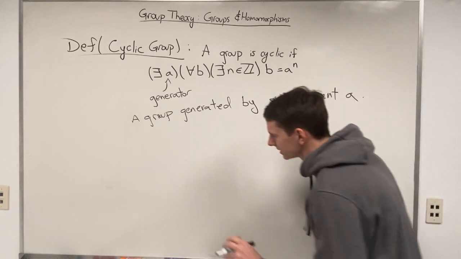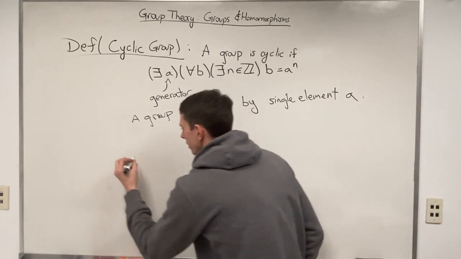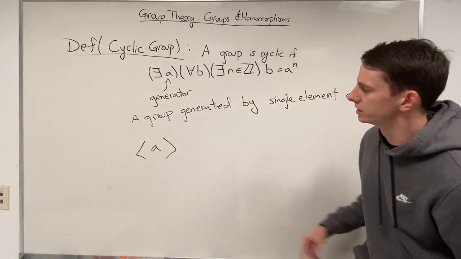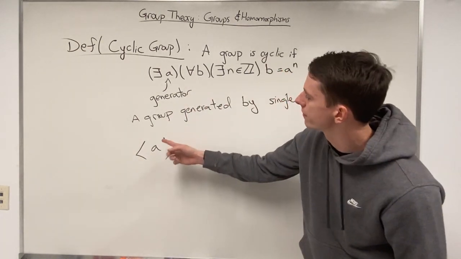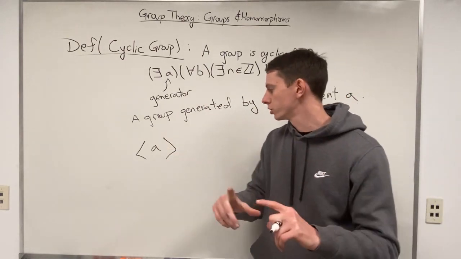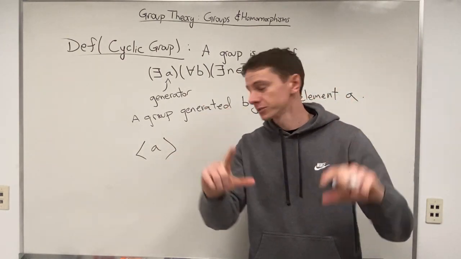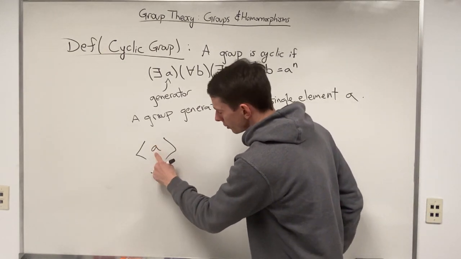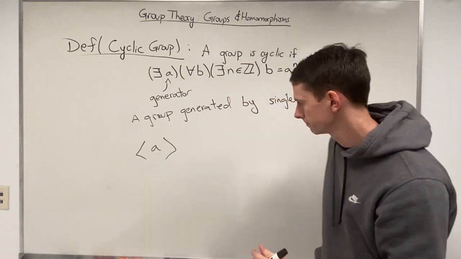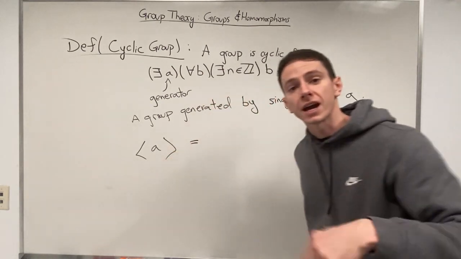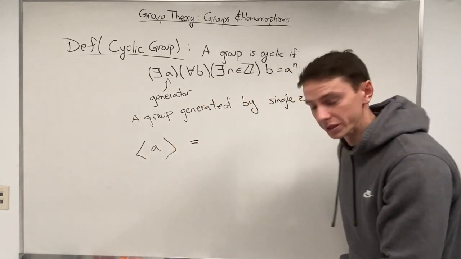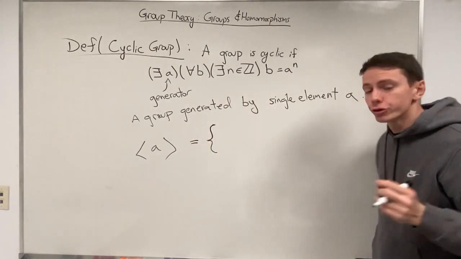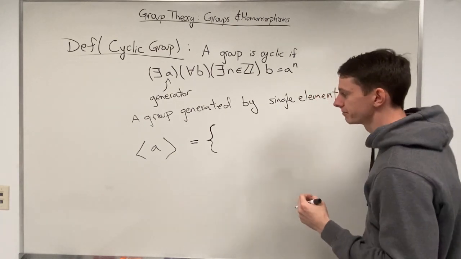So let's start writing some stuff out right here. A notation that we can use to denote a cyclic group is the generator of the group enclosed by a set of brackets, and this would read as the group generated by the singular element A. Now, if we were to write out the actual elements of this group, we know that every group needs to contain the identity element.